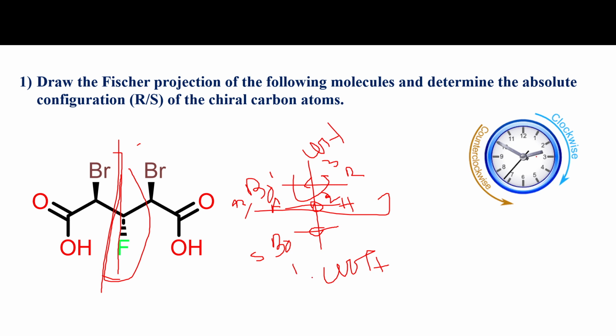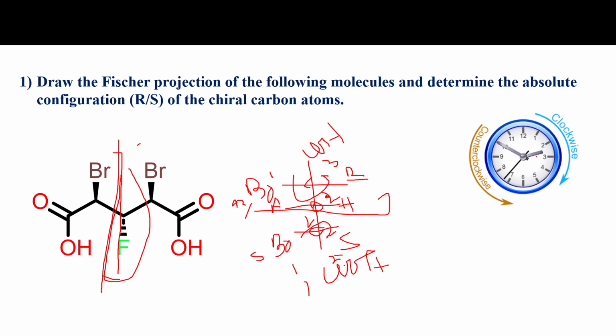Here it will be first, second, and third. It will rotate clockwise. So it will be S. So above one is R, below one is S. The middle one should be small r or small s.